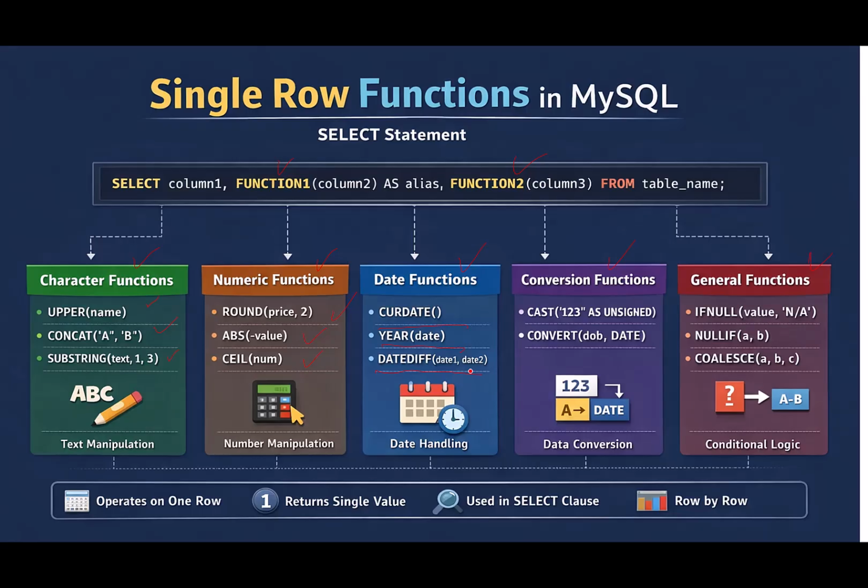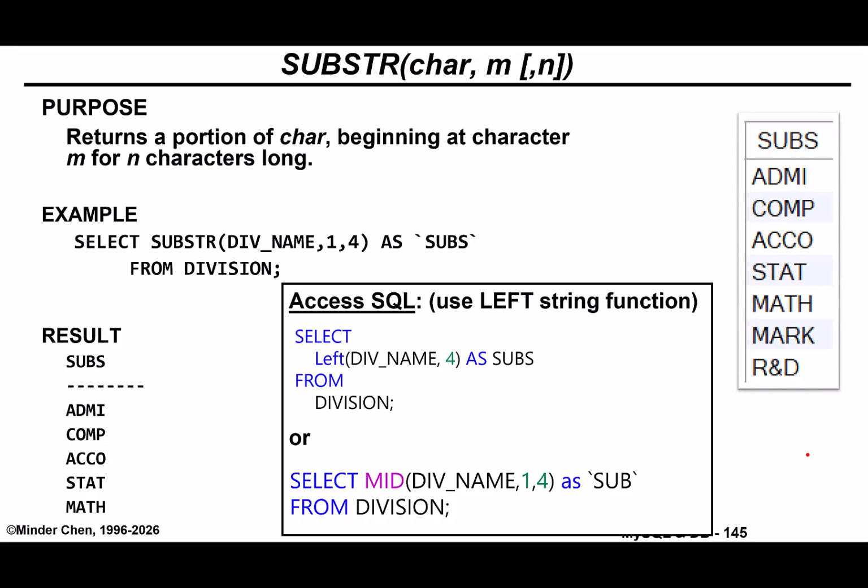Okay. It operates on one row. That's why we call it single row function. They return a single value. It's used in the select clause, and it's done row by row. This is not difficult. Substring, you get substring. Like we get the first 4 characters, from 1 to 4 characters, from the division name.